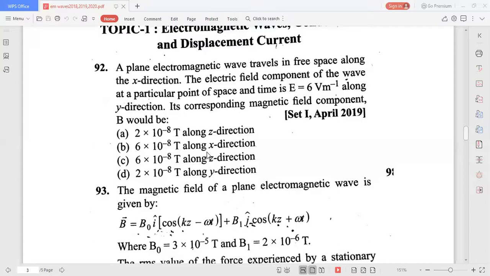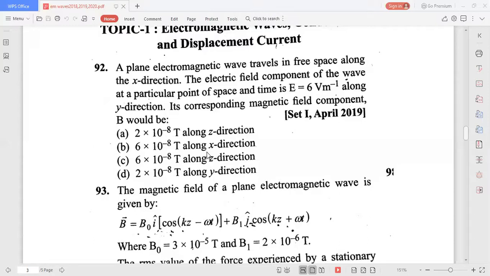An electromagnetic wave from air enters a medium. Problem number 89. In air, the intensity of electric field is given by E1 bar equals E01 x cap cos 2 pi nu (z by c minus t).